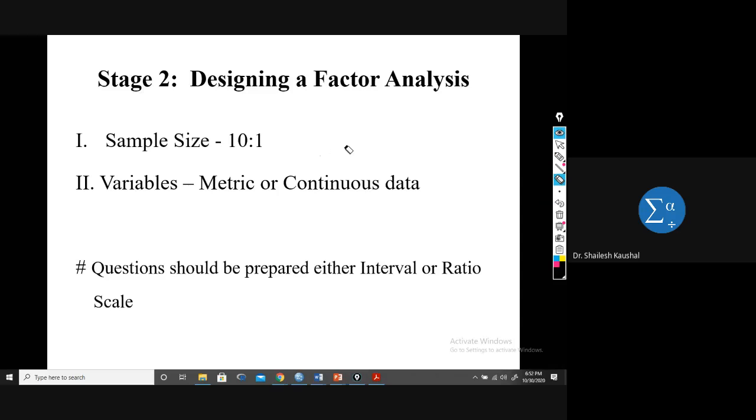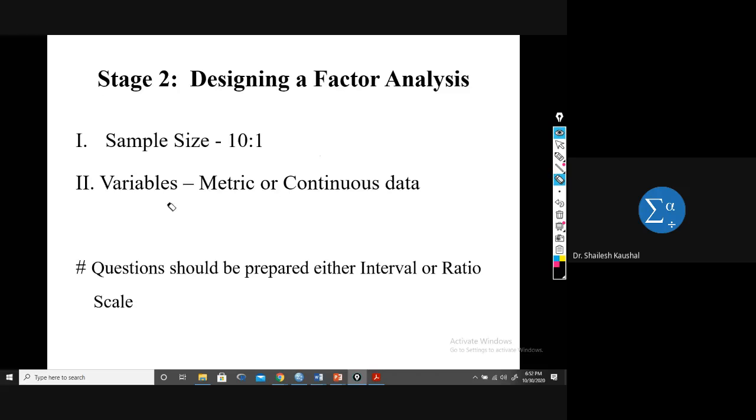So what should the sample size be? Ideally, it should be 10:1. But practically it can be 8 to 10 times. If I'm taking 50 questions, 8 to 10 times means the sample size should be 400 to 500.